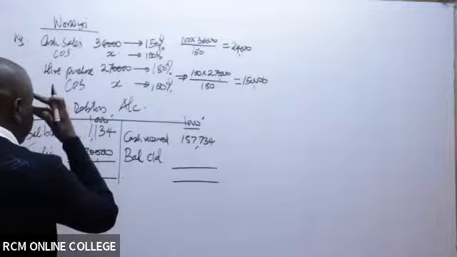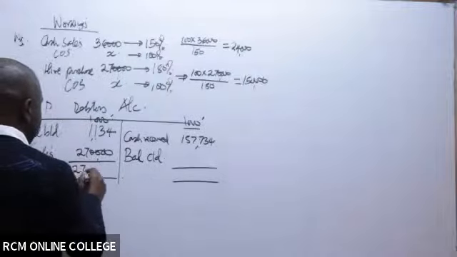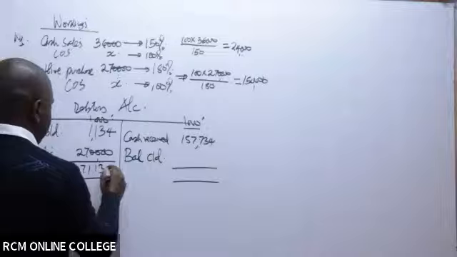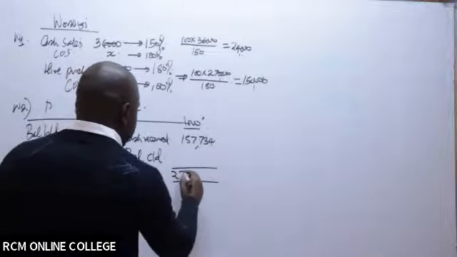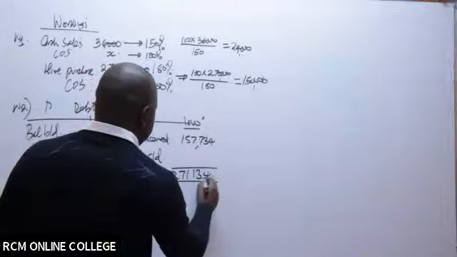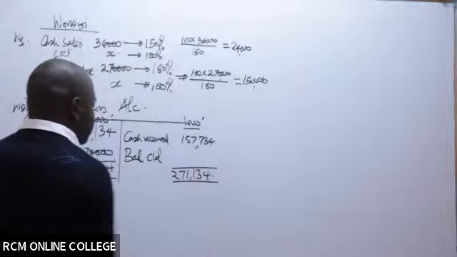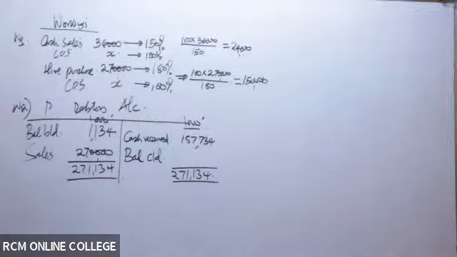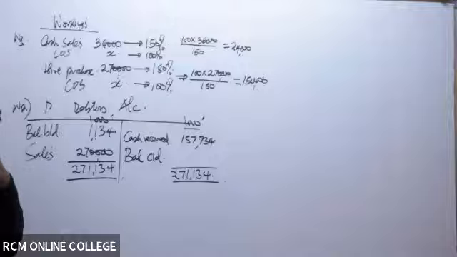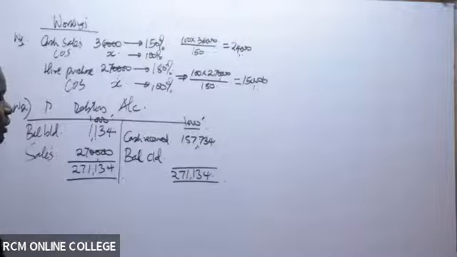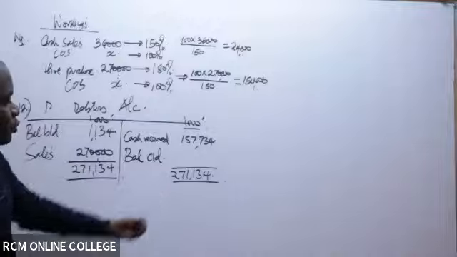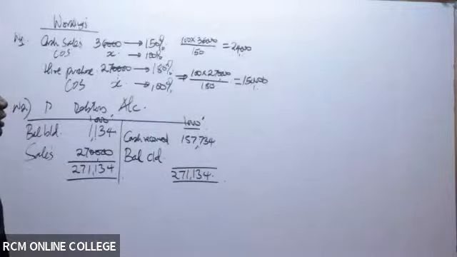So you can get the balancing figure there. I think this one is 271,134. If you minus, what do you get? To get the outstanding amount on hire purchase sales, how much do you get if you take 271,134 minus 157,734?